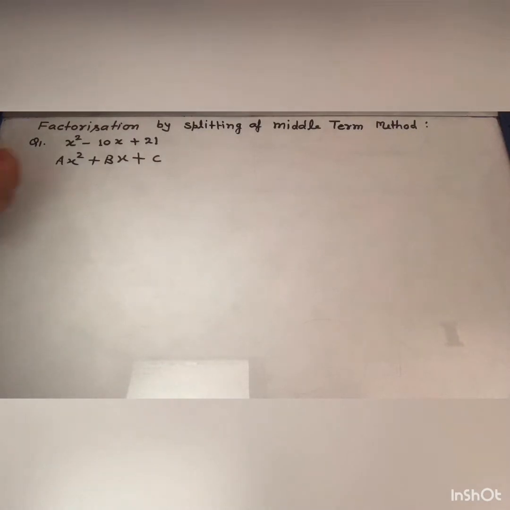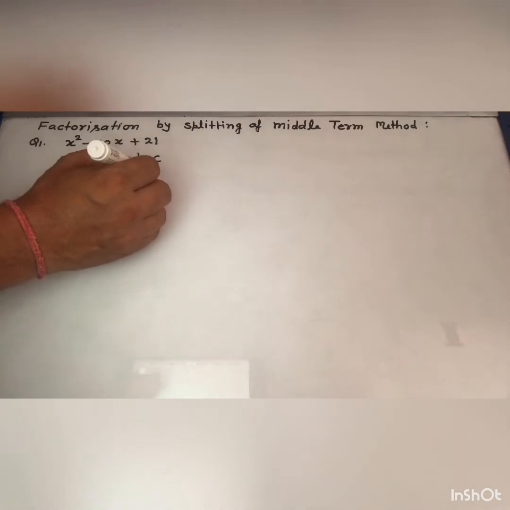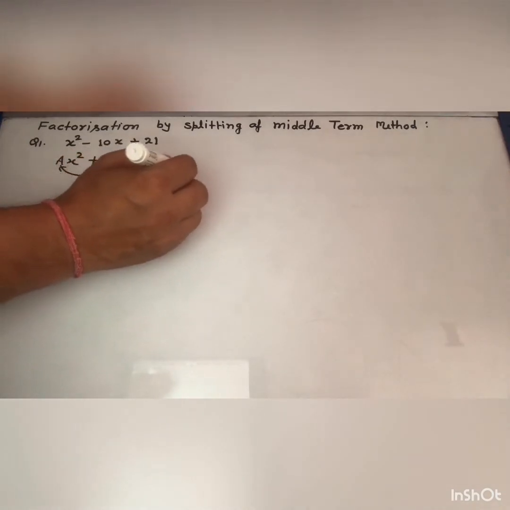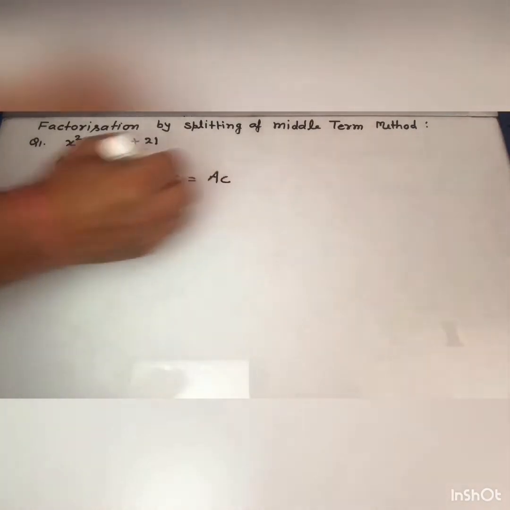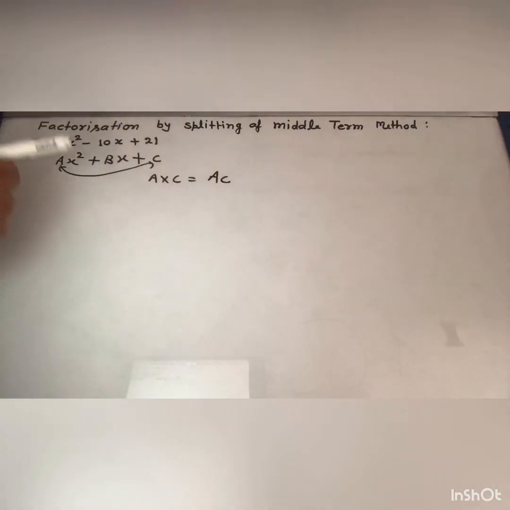In this type of expression, first of all we multiply a and c. If this multiplication is positive, then we get the middle term b by adding the factors of ac.